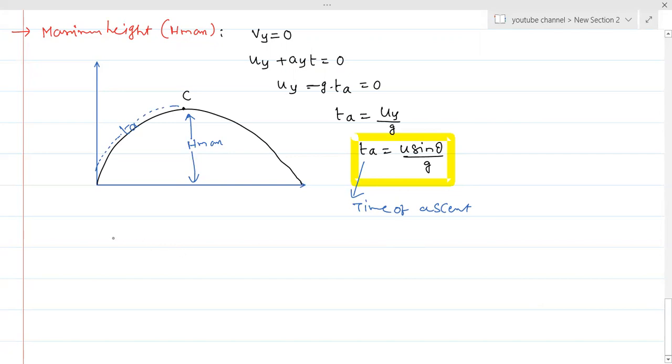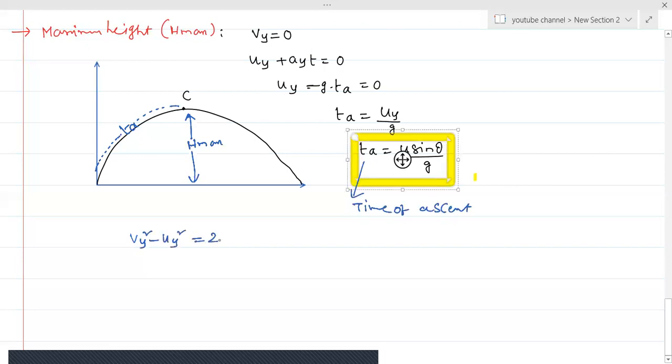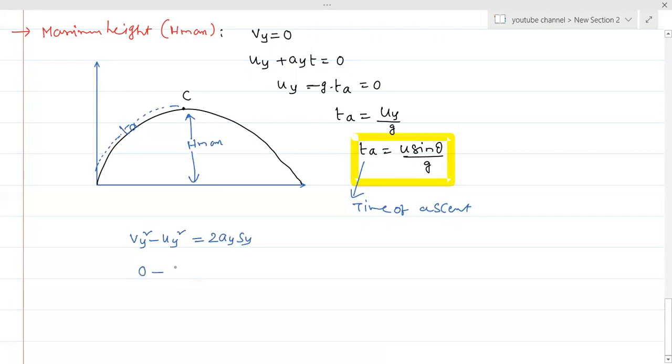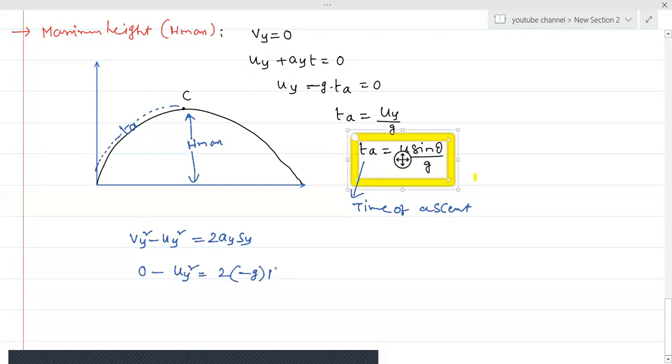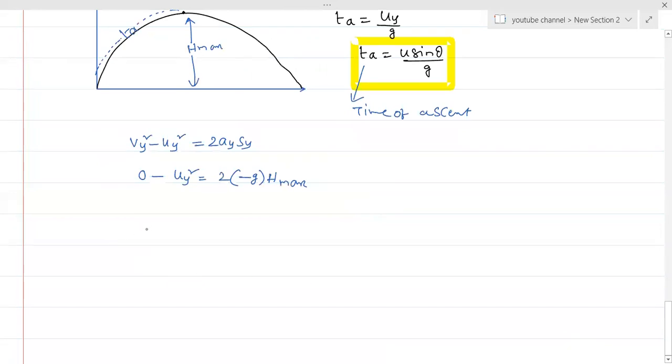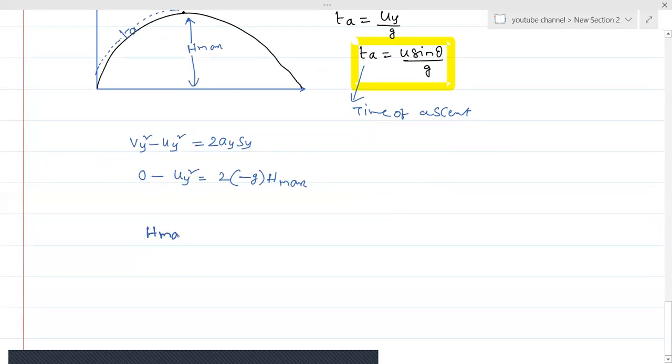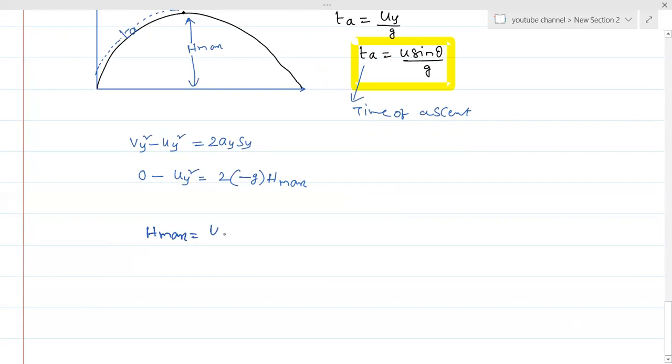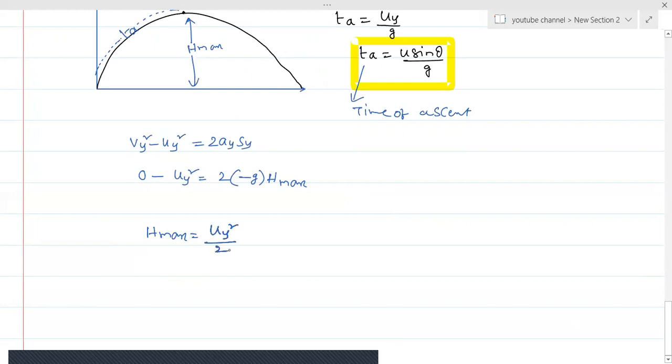When we think of maximum height, we know that v square minus uy square equivalent to 2ay into s. The final velocity is 0, so 0 minus uy square equivalent to 2 into acceleration along the y-axis, which is minus g, into Sy, the distance covered along the y-axis, which is H maximum. Therefore, we have the relation H maximum is equivalent to uy square by 2g.